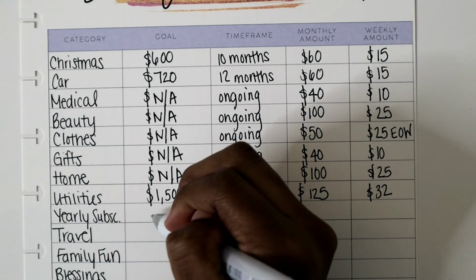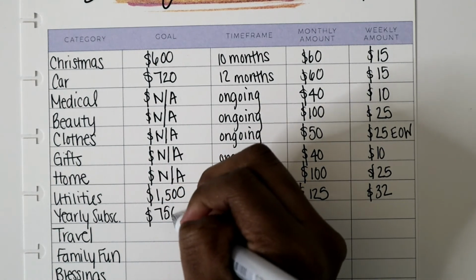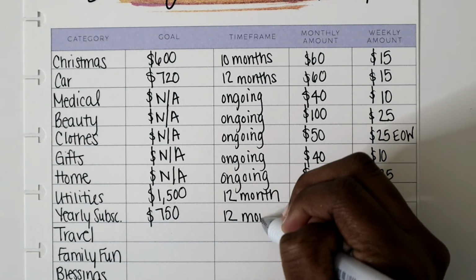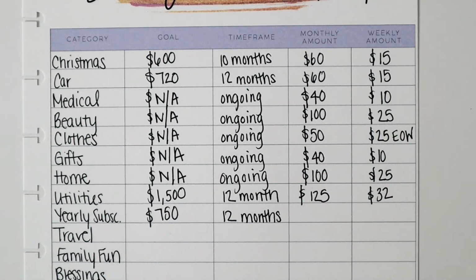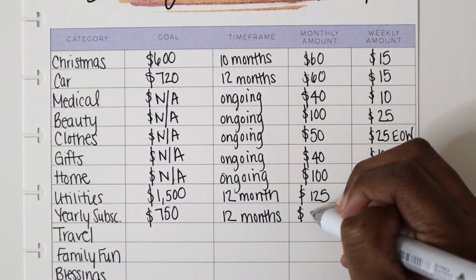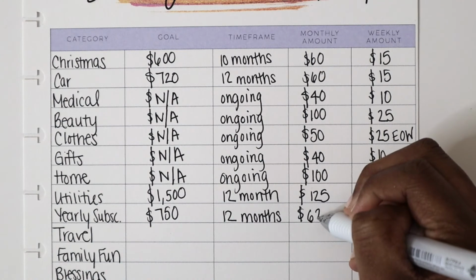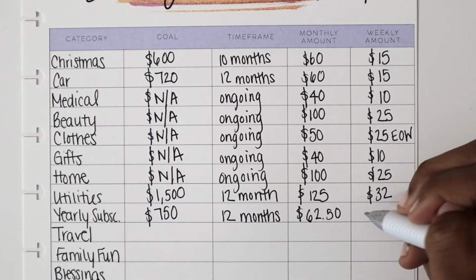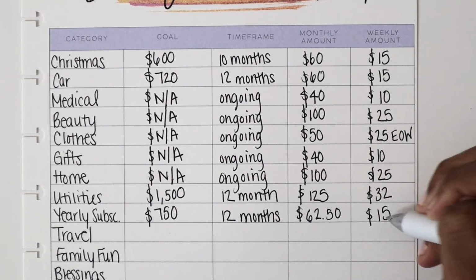So this sinking fund does have a goal of $750, and it's another yearly goal. So I want to have that goal for 12 months, and then that will equate to about $62.50 a month, and then $15 a week.